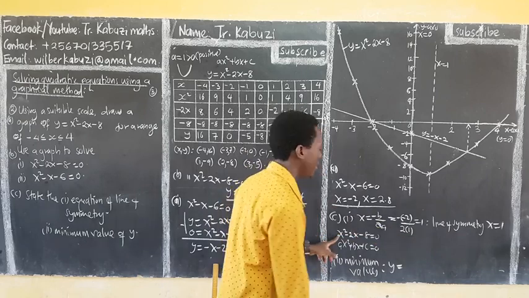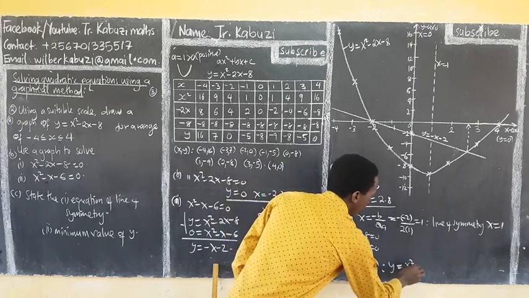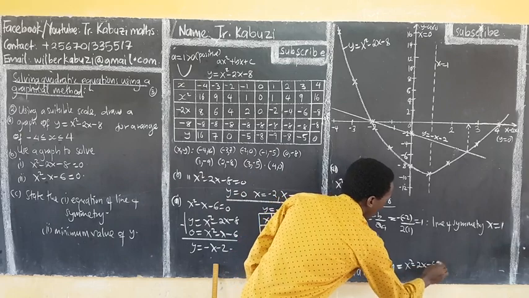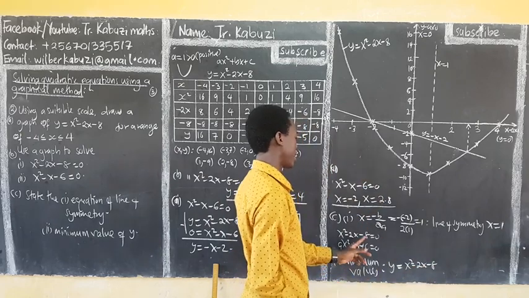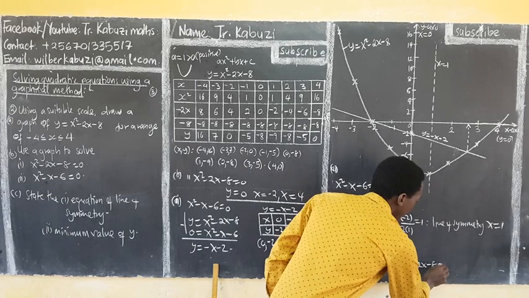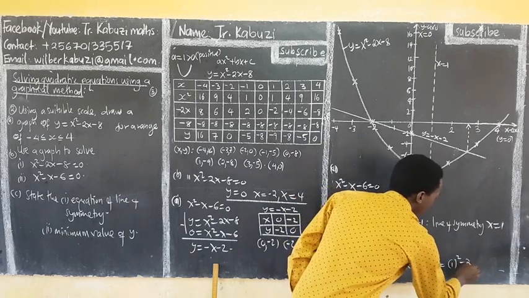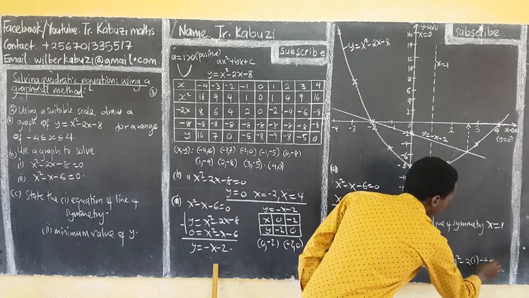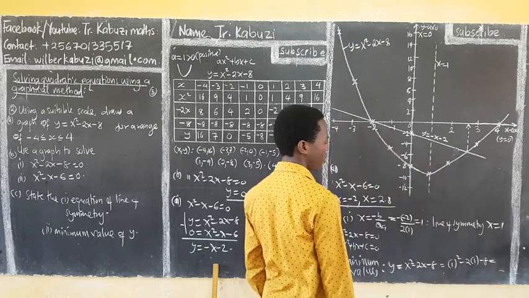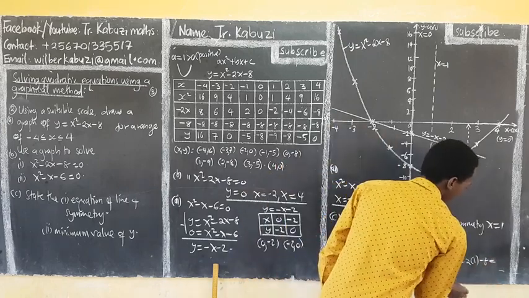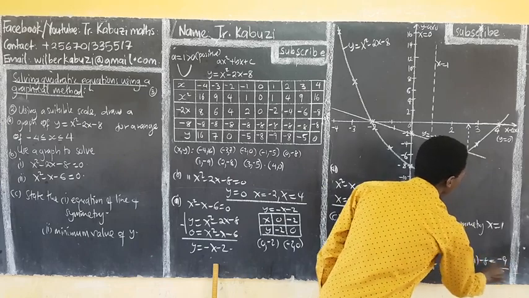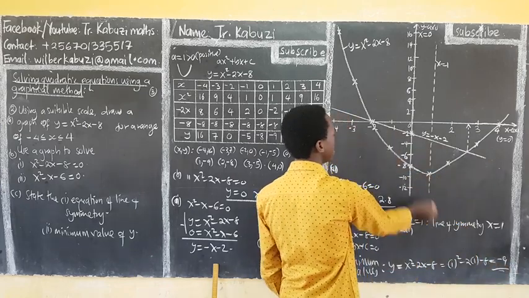Come and substitute here: x squared minus 2x minus 8, when x is 1. That is 1 squared minus 2 into 1, then minus 8. And so our minimum value is going to be negative 9. You can see it there, the minimum is negative 9.